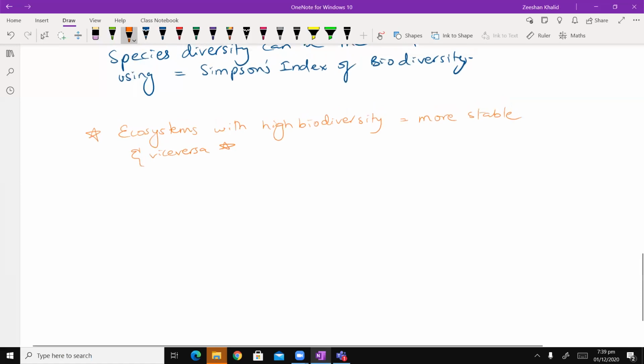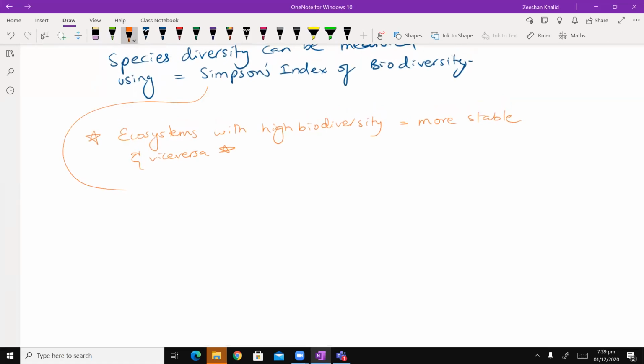Now, coming back to the formula, there's an equation. By the way, this is not a statistical test like the chi-squared test or t-test. It's just a formula that is going to tell us in quantitative terms which community is more diverse and which is less diverse.